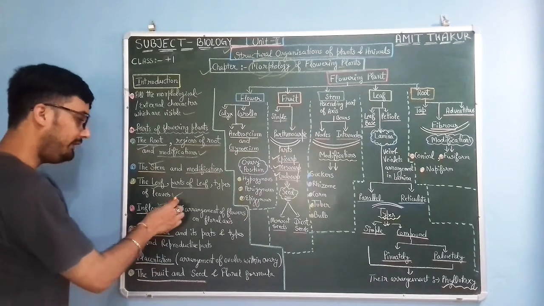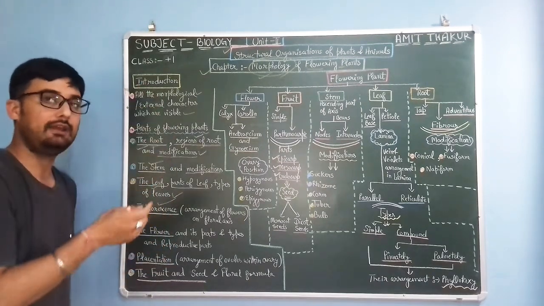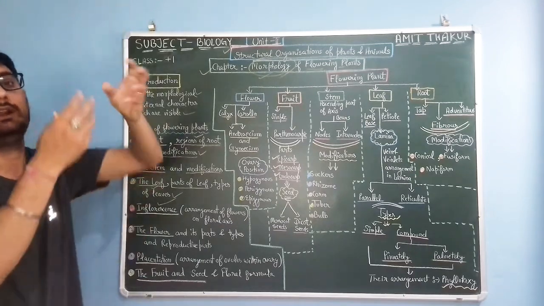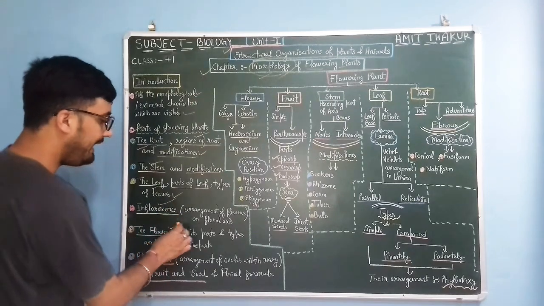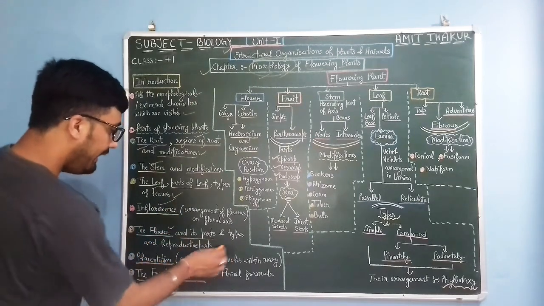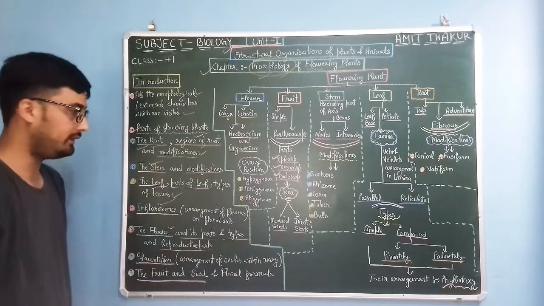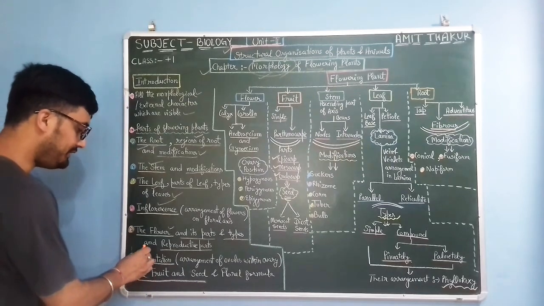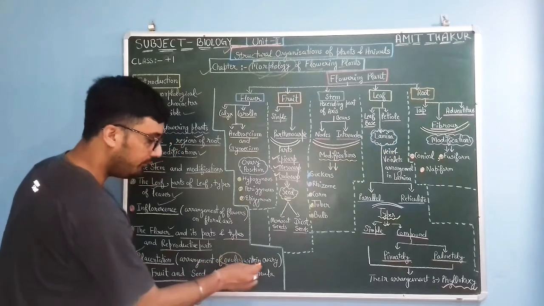Then inflorescence, that means arrangement of flowers on the floral axis, that is, how the arrangement of the flower will be on that floral axis, on that plant. That is inflorescence. The flower and its parts, and types of flower and its reproductive parts like androecium and gynoecium. Then placentation, that means arrangement of ovules within the ovary.